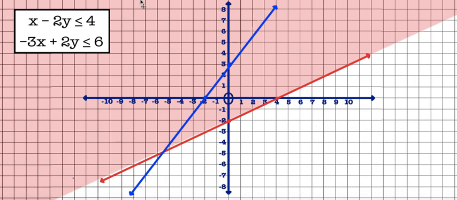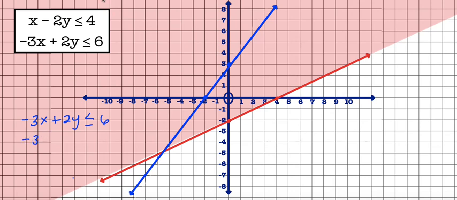And now we're going to test out our coordinate. And now we're going to use 0, 0 again. So negative 3x plus 2y is less than or equal to 6. And we're going to substitute x and y for 0.